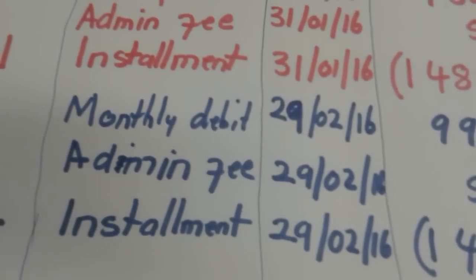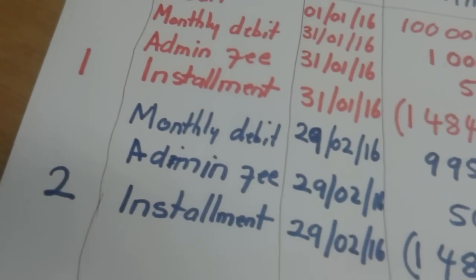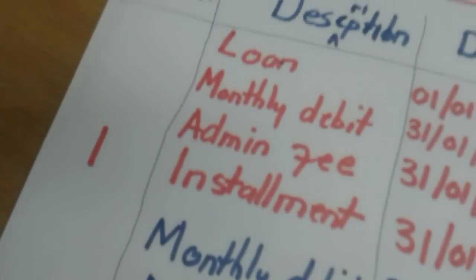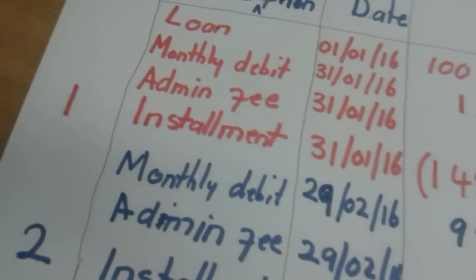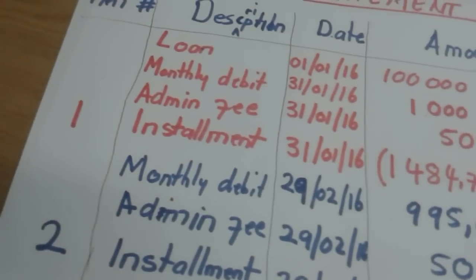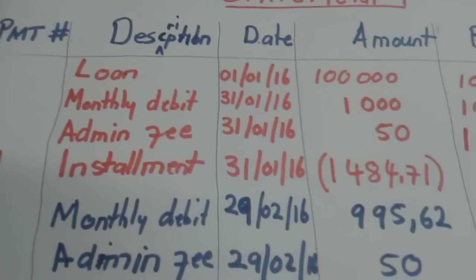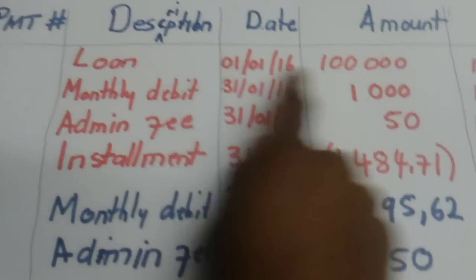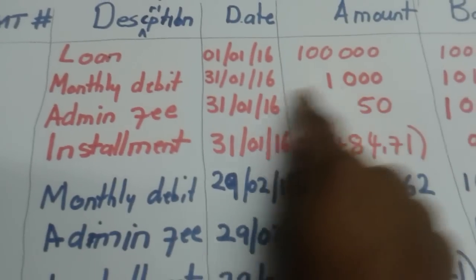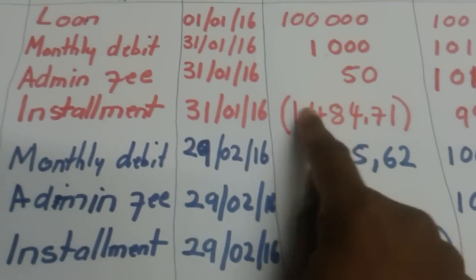Obviously, most of the time they use computer software, like Pastel. So this is how you do your bank statement. So that's the loan amount there, monthly debit, admin fee, and check this. All these amounts are being added. It's only the payment that is now subtracted.